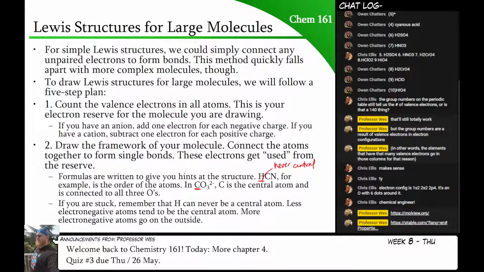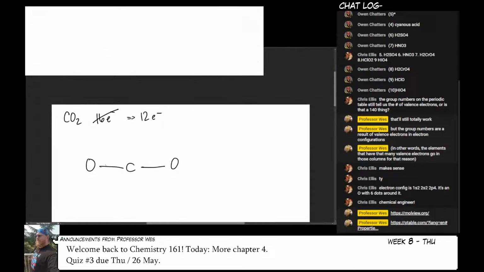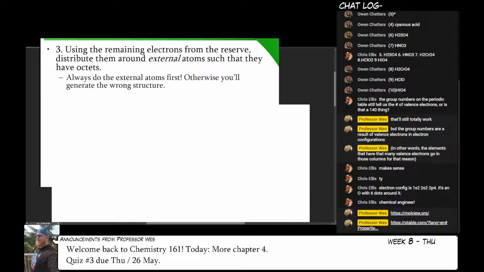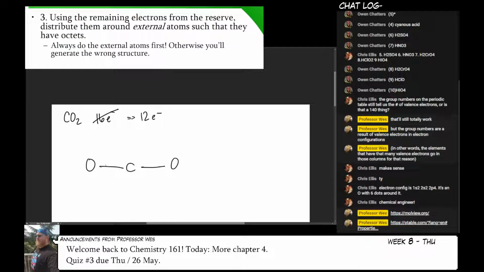Step 3 is going to be using the electrons that you have in your bank, put them around the outer atoms, and give them octets. Always do the outer atoms first, otherwise you get the wrong answer when you finish your structure. So we go back over here. That's going to look like this.